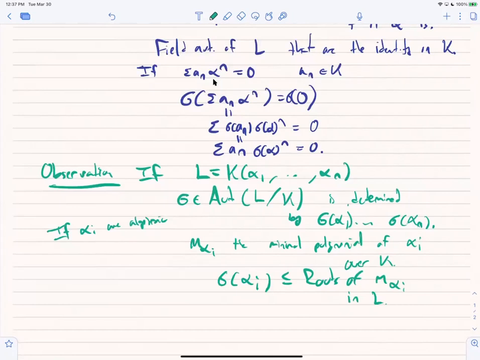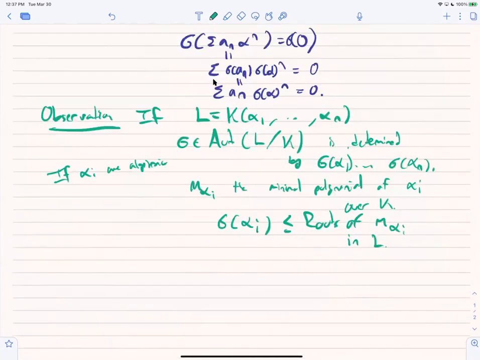So somehow, how big the automorphism group can be is controlled by the roots of these polynomials. In particular, as an example, this implies that Aut(L over K) is finite if L over K is finite.